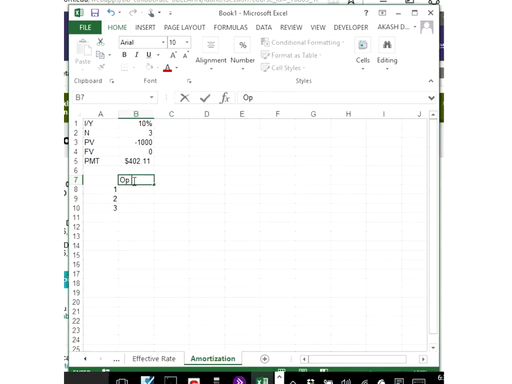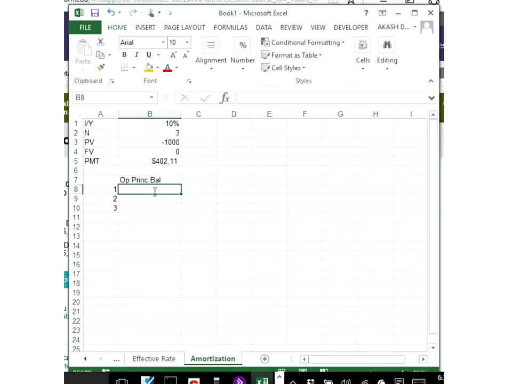So now you can start working on your amortization. This is periods. So that's the opening principal balance, which is going to be 1,000 because that's the balance on your account.